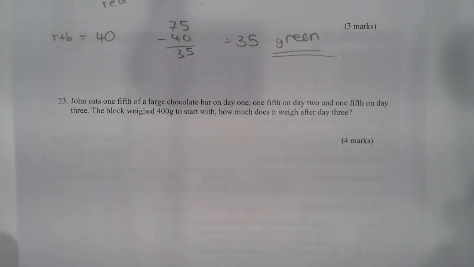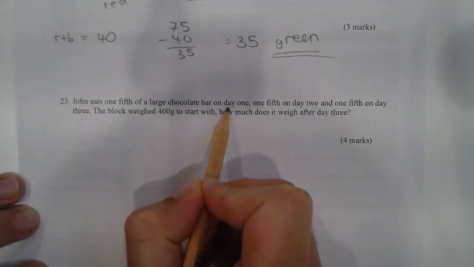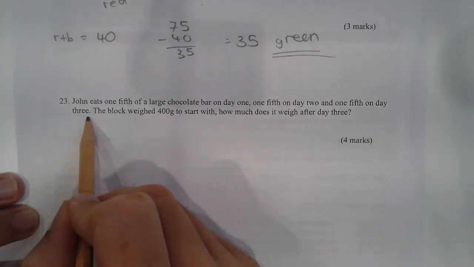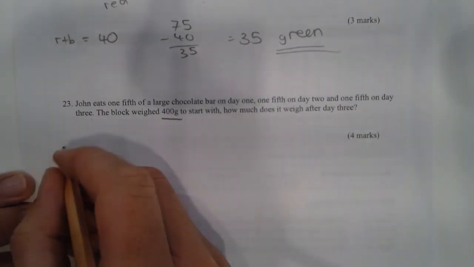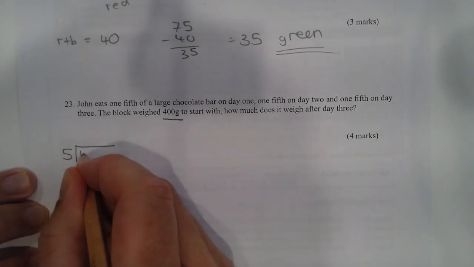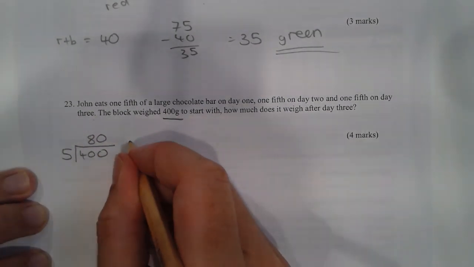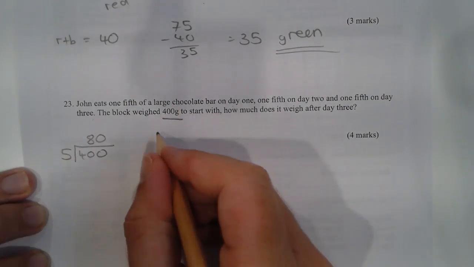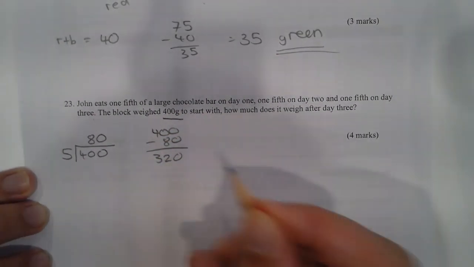23. John eats 1/5 of a large chocolate bar on day 1, 1/5 on day 2, and 1/5 on day 3. The block weighed 400 grams to start with. Alright, so if he's eating 1/5 on day 1, 5 times 8 is 40. So he's eaten 80 grams on day 1, which means after his 80 grams, there's 320 left.